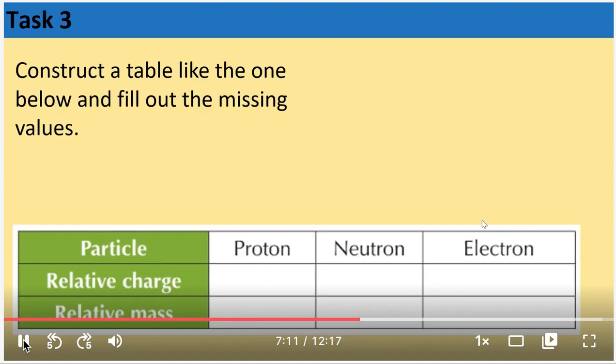Okay, so for your third task, you're going to construct a table like I just had on the previous screen, and I'd like you to now fill it out for me. So pause the video for me again and construct that table and fill out the missing values for me.